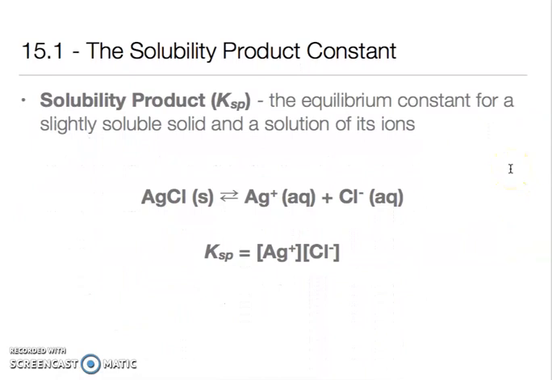So let's write our solubility product constant, or our equilibrium constant, for dissolving a salt. When we are writing this equilibrium constant for a slightly soluble solid and a solution of its ions, we're really only going to focus on the products. The reason why is because when I write my K expression, it is always the concentration of the products raised to their respective coefficient divided by the concentration of the reactants raised to their respective coefficient.